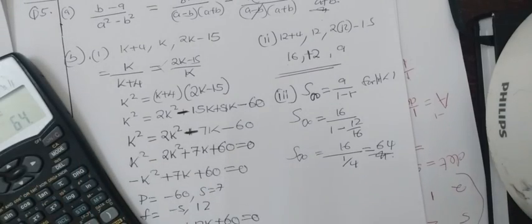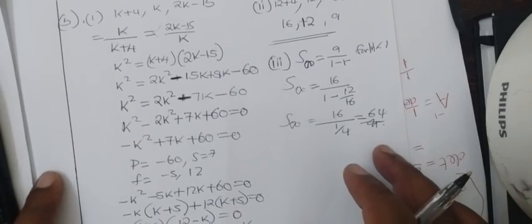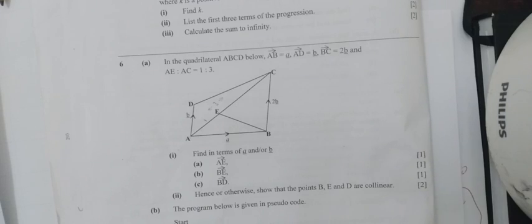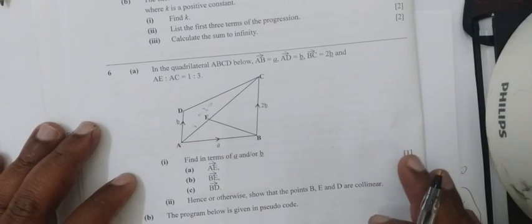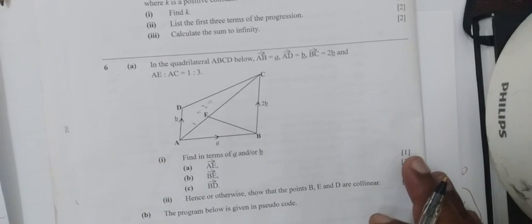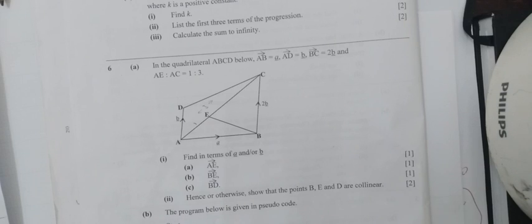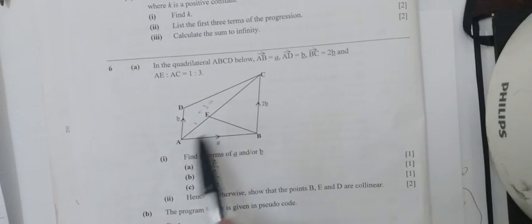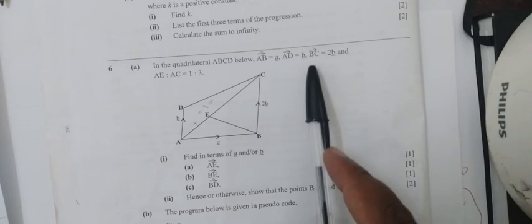Okay, we go to the next question, which is question 6. So this is the question. So pause the video, copy it. Try to attempt and compare with what you're going to get. So we are saying in the quadrilateral ABCD below, AB is A, AD is B, BC is 2B.